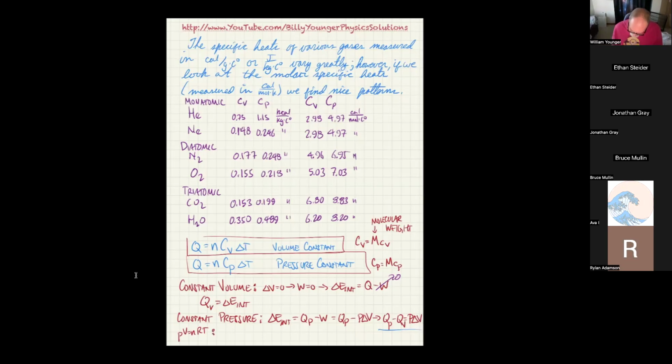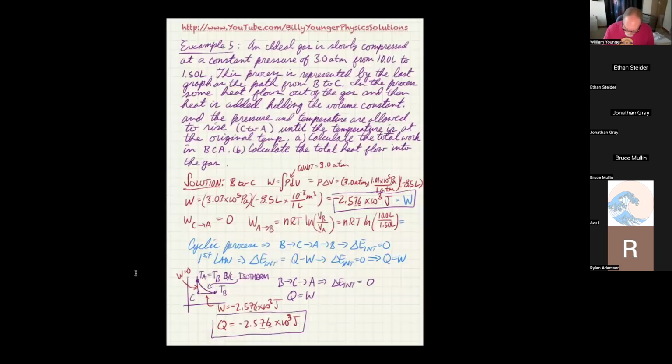If I do that, then I can say QP, which is n CP delta T minus n CV delta T is equal to P times delta V, and the delta V is going to be n times R times delta T over P. So I end up getting basically that. Whoa.